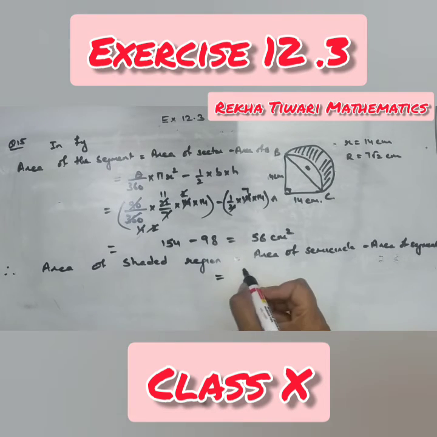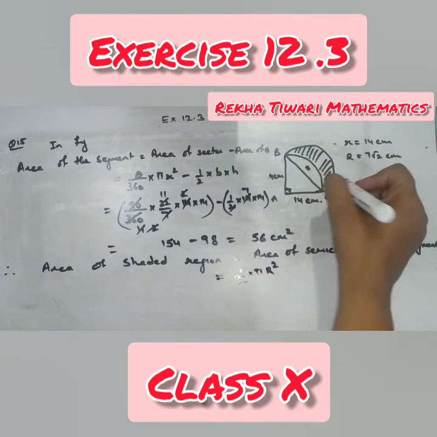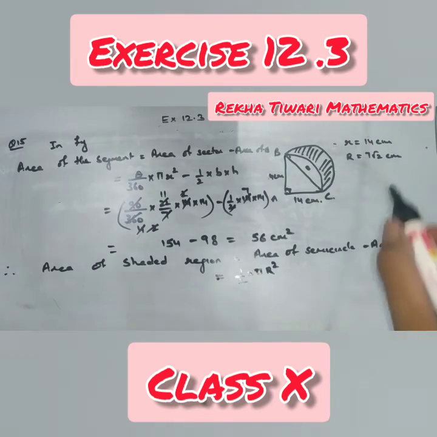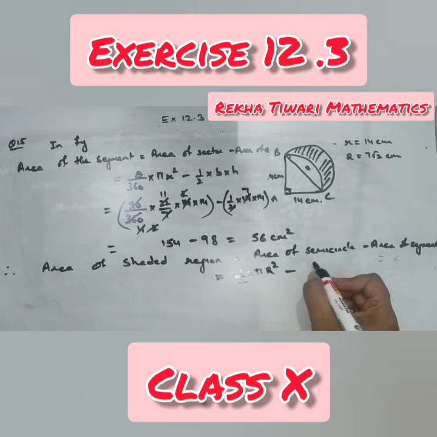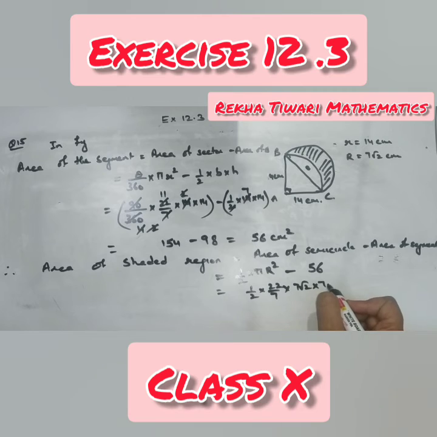Area of semicircle is half into pi capital R square, because now for this semicircle the radius is capital R, minus the area of segment, which is 56. Put the value: half into 22 by 7 into 7 root 2 into 7 root 2 minus 56.